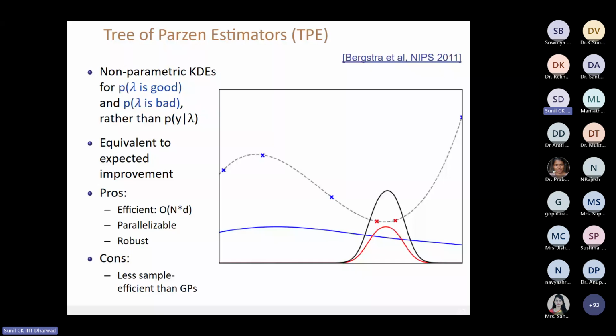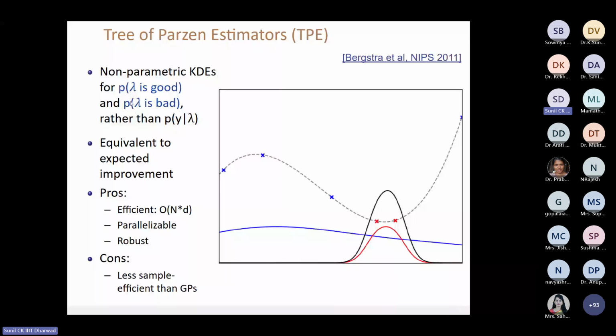As we have discussed, if you say it is a conditional hyperparameter, this is one of the estimators that will help you choose for the conditional hyperparameters, and it demonstrates good performance for hyperparameter optimization. It does non-parametric KDEs for the probability that lambda is good or lambda is bad, rather than the probability of Y given certain parameters.